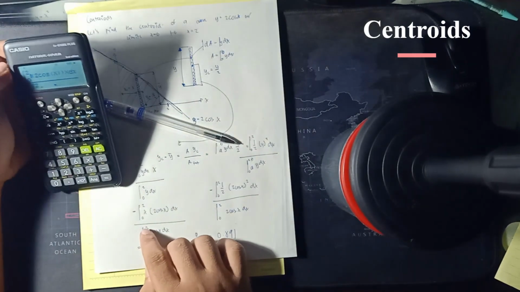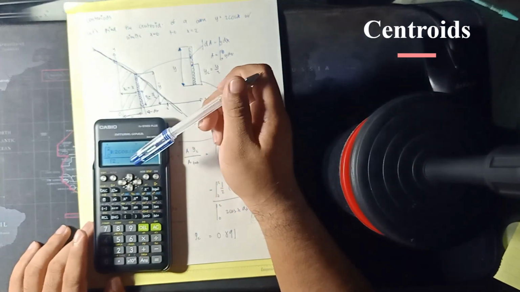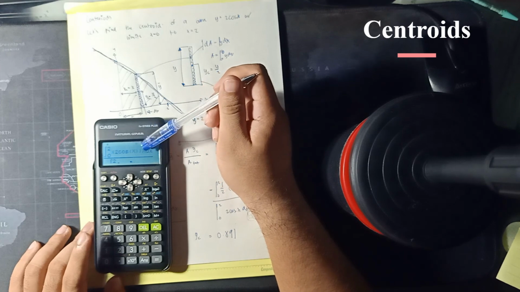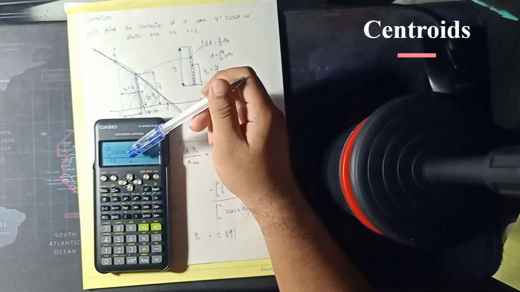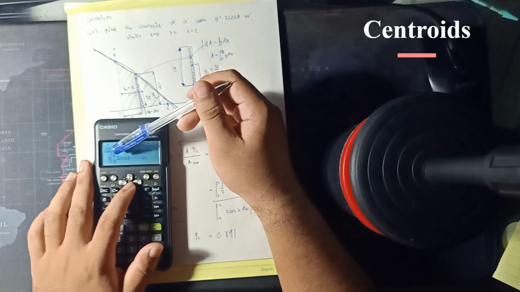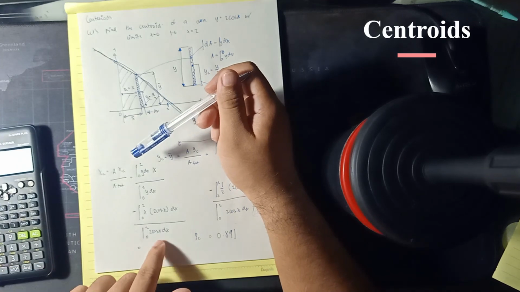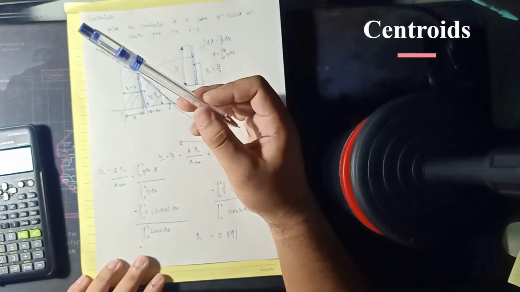So this is still the same, the integral of 2 cosine x multiplied by x dx with limits from 0 to 2 over the integral of 2 cosine x dx with limits from 0 to 2, and this is for your xc.